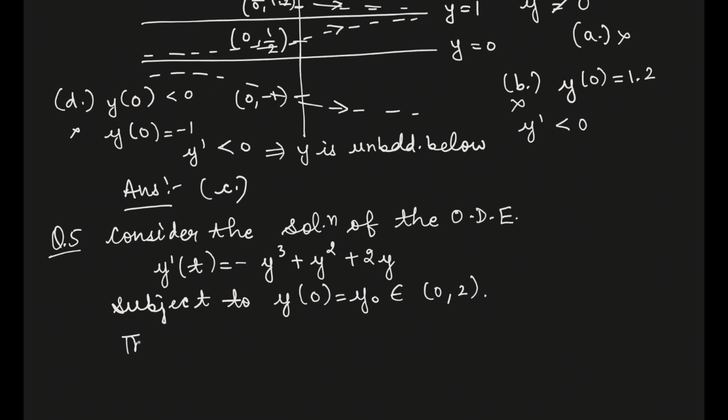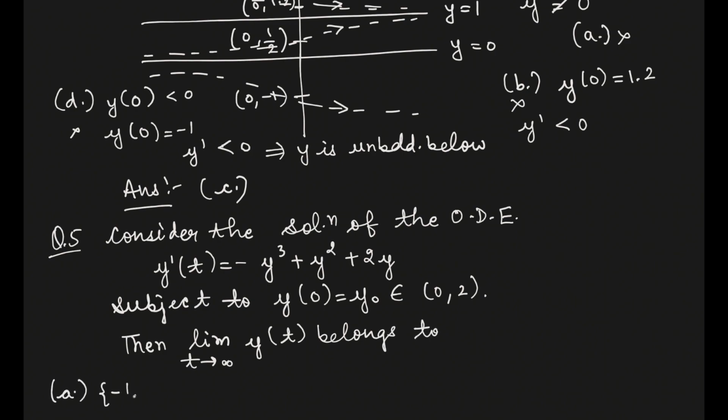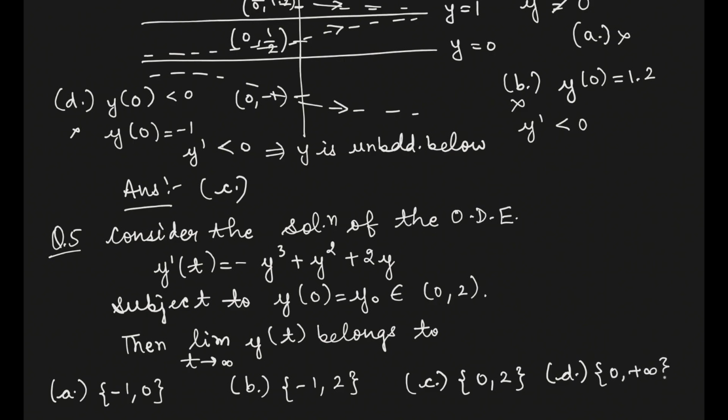Then limit t tends to infinity, yt belongs to: option A minus 1 comma 0, option B minus 1 comma 2, option C 0 comma 2, option D 0 comma positive infinity. Try this question.